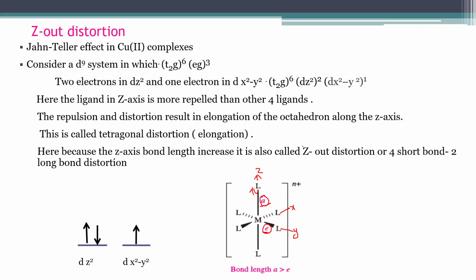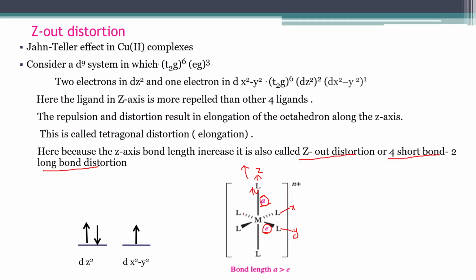Another name for it is Z out distortion, because the z-axis is gaining length. It is called Z out distortion. Z is going out this side. Also, this distortion is called 4 short bond 2 long bond distortion.